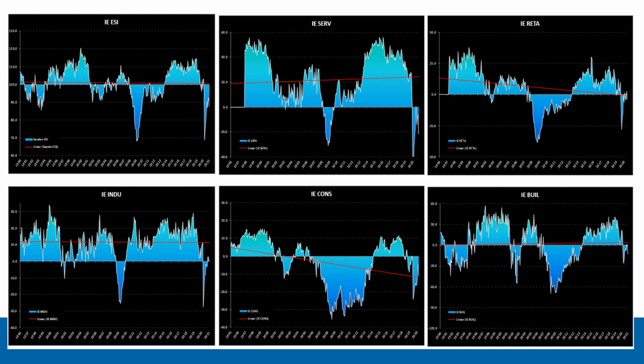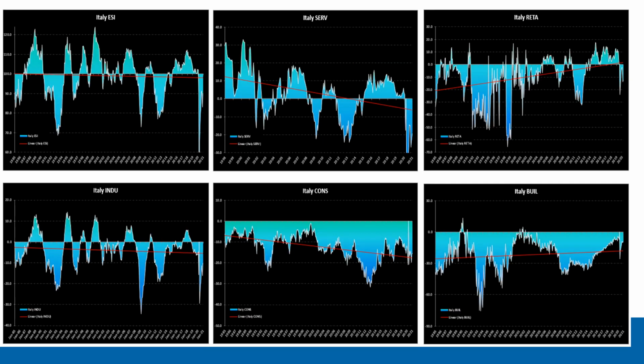Ireland, we don't spend too much time on. Italy, third largest economy in Europe, eighth in the world, $2 trillion on 2019 numbers. We do pay some attention to Italy, of course. We won't spend too much time on Italy here. Just eyeball the numbers. The only bright spot for Italy has been a move from negative sentiment on average to on average positive sentiment over the lifetime of the data for Italian retailers.